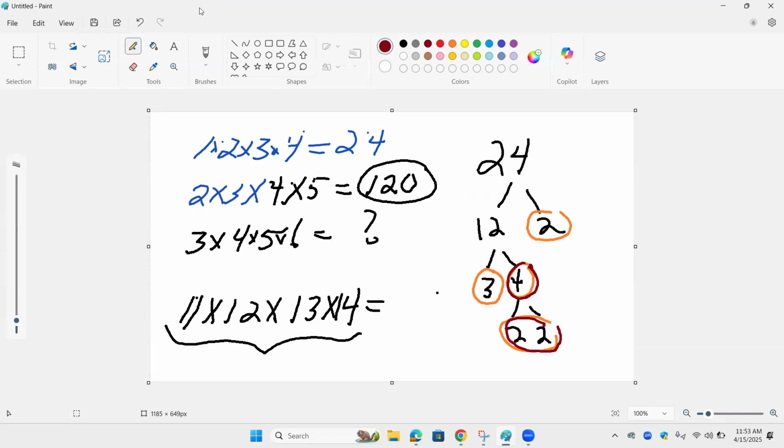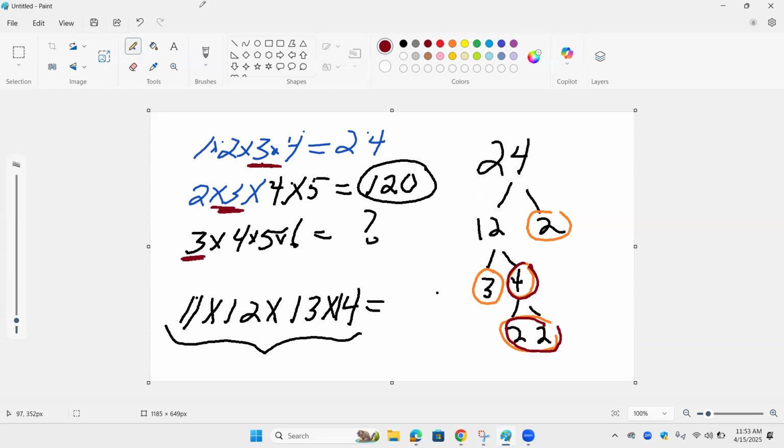One of them is going to be a multiple of three because you have four numbers, right? So every three numbers, you're going to have a multiple of three. That's a multiple of three. That's a multiple of three.